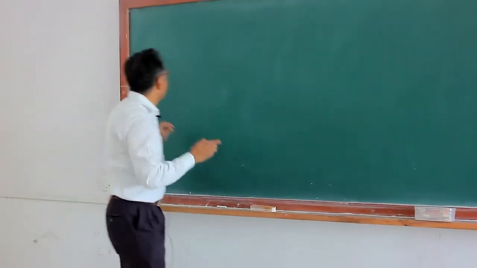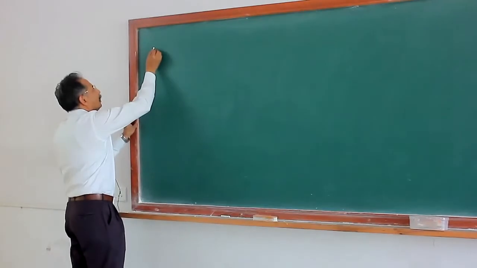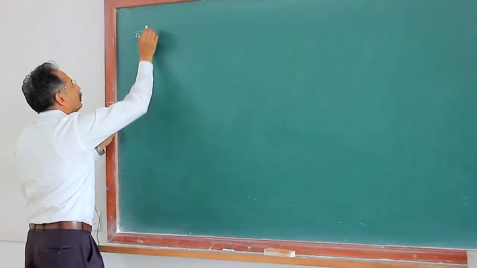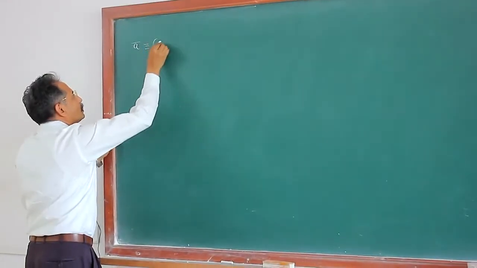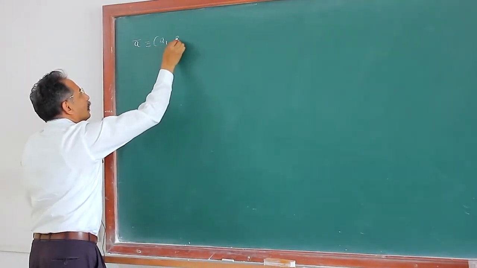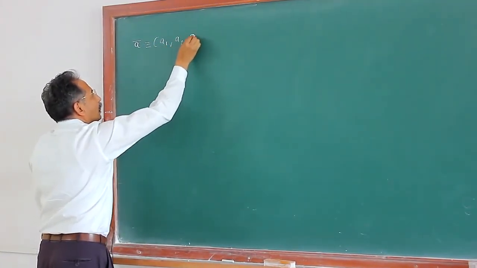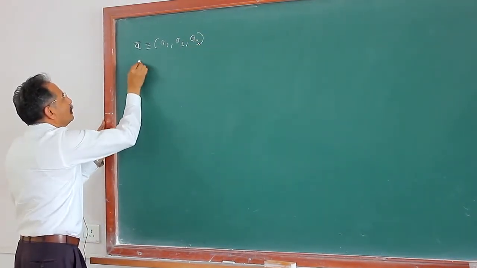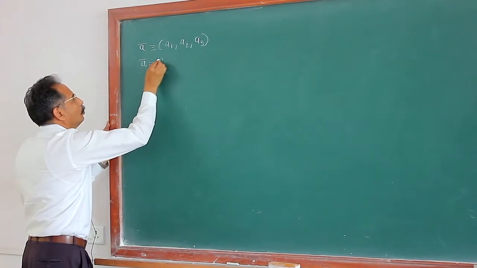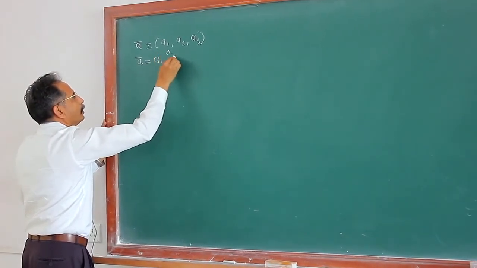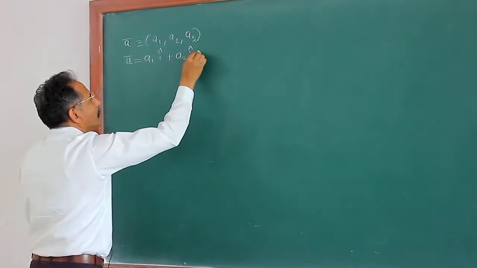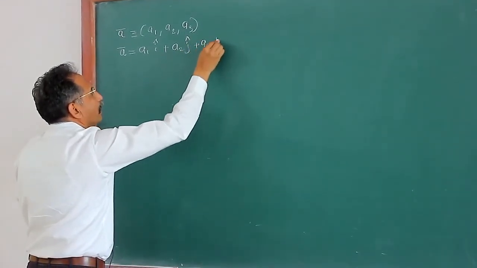The basic vector we write as A bar, having components A1, A2, A3. So we express this as A bar equal to A1 i cap plus A2 j cap plus A3 k cap.